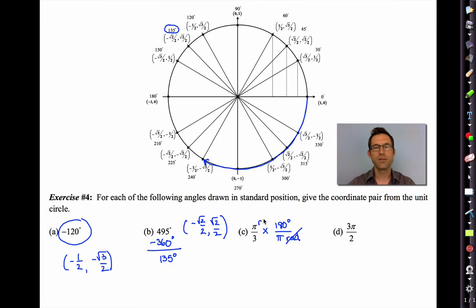The radians would cancel radians, and pi would cancel pi. 180 divided by 3 is 60 degrees. It's not a coterminal angle. That's actually the exact angle. So we'd have 1/2, root 3 over 2. Why don't you try to do letter D?